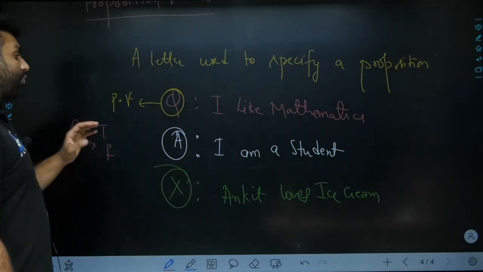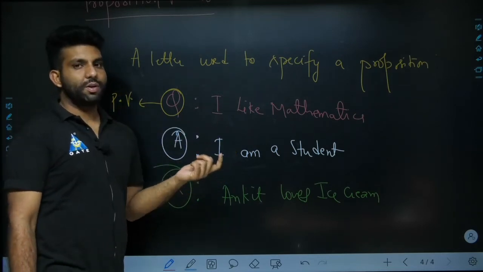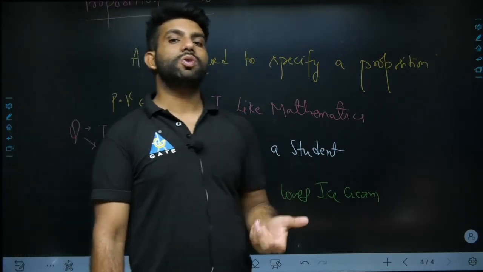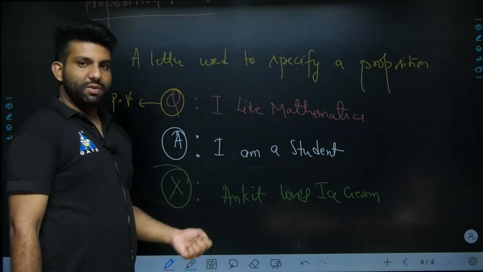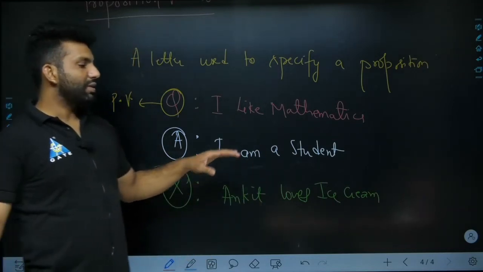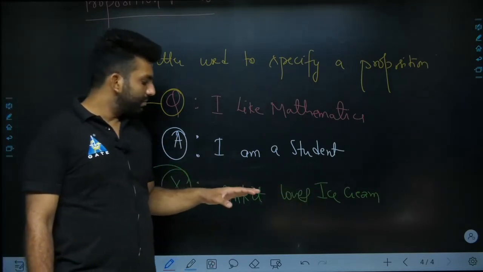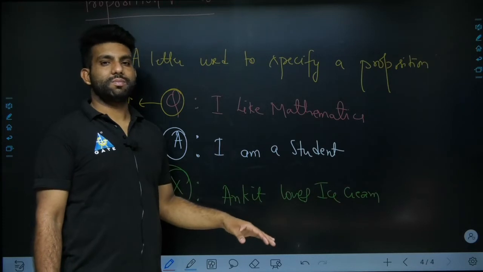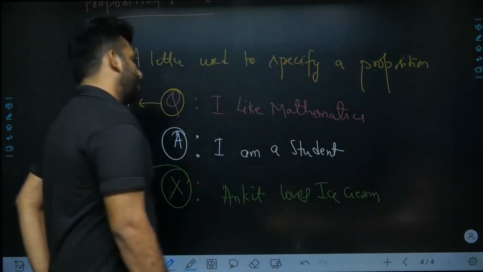If its value is true, that means I am a student. But if it's false, that means I am not a student. X: Ankit loves ice cream. If its value is true, Ankit really loves ice cream. If its value is false, that means Ankit doesn't love ice cream. So these are the proposition variables.